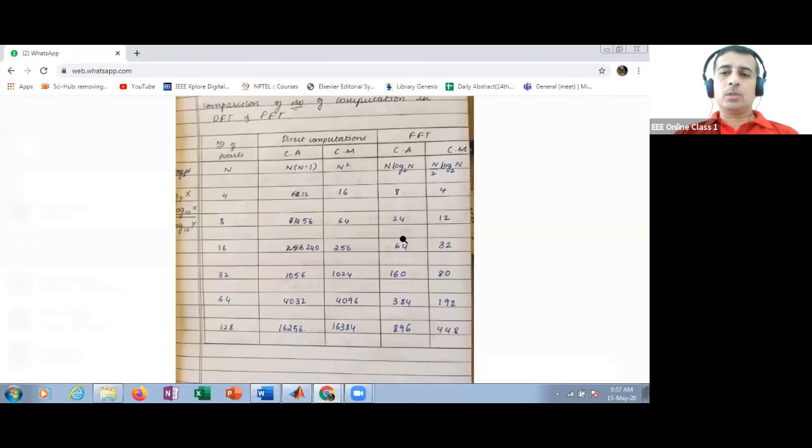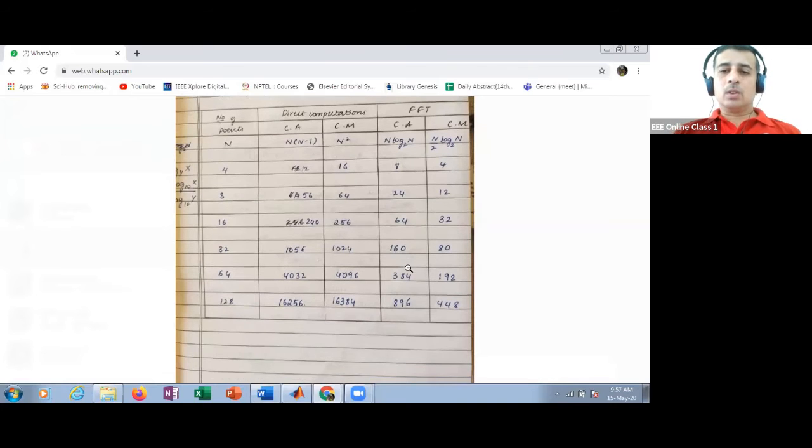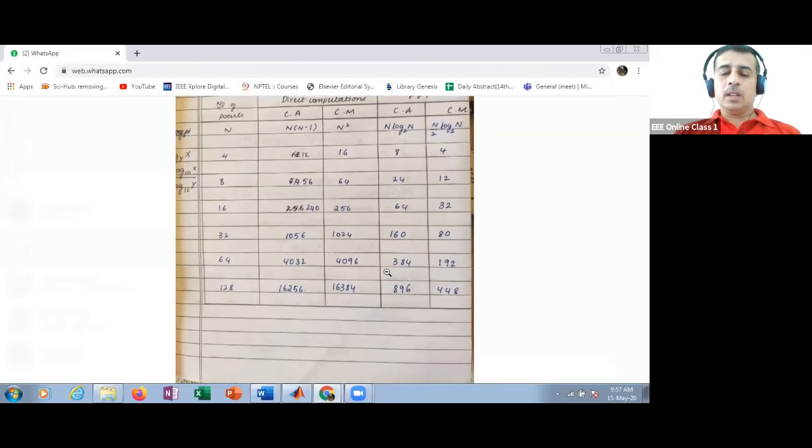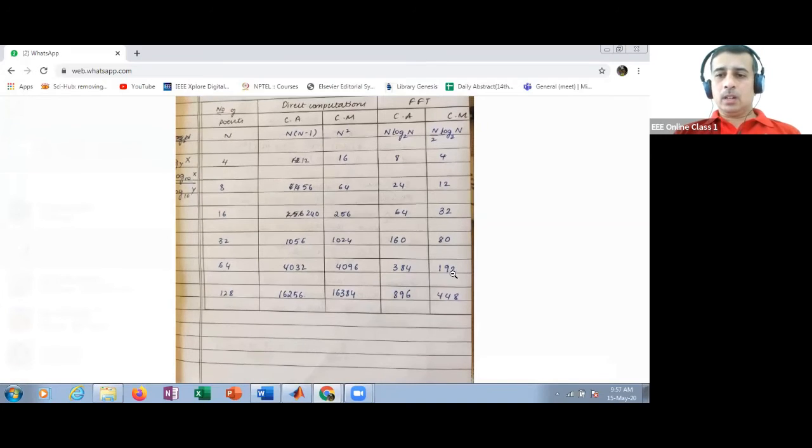But with the FFT, the number of additions and multiplications is 384 and 192. If you compare, it is reduced by more than 10 to 15 times.